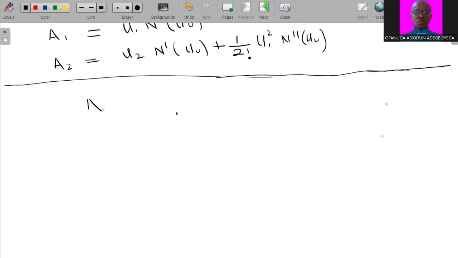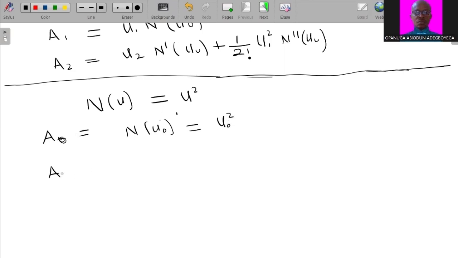So let's look at a situation when we have different nonlinear terms. Suppose our nonlinear term in a differential equation is equal to u squared. Our A_0 can be calculated as A_0 equal to N(u_0), which is u_0 squared.